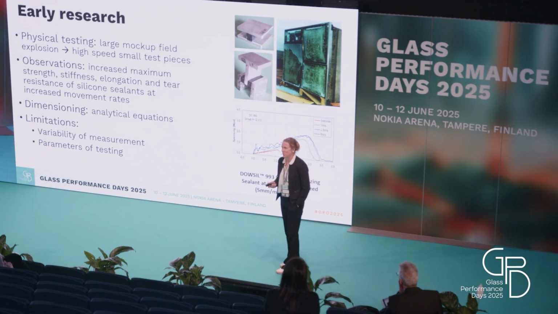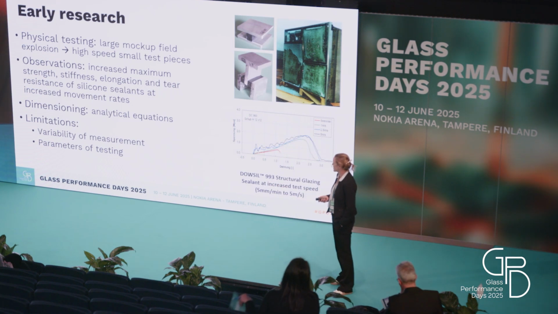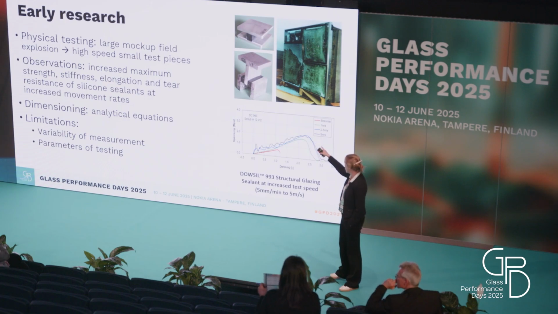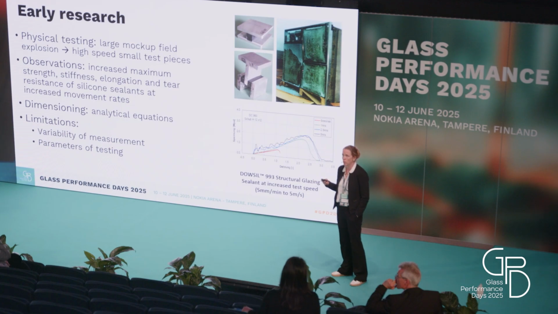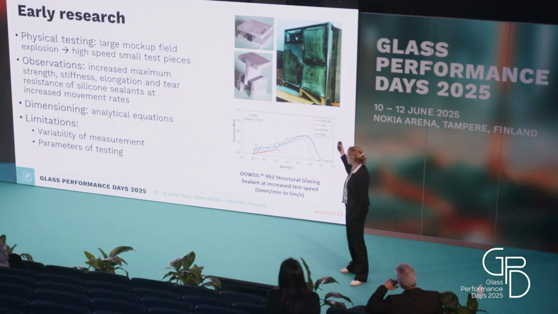Bomb blast is a topic that we really like at Dow. We've worked on it for a long time, starting with physical testing, from small test pieces, like you see here on the left, in a conventional H-piece setup or in a special shape to allow shear deformation at high speed, to large mock-up field explosion tests.